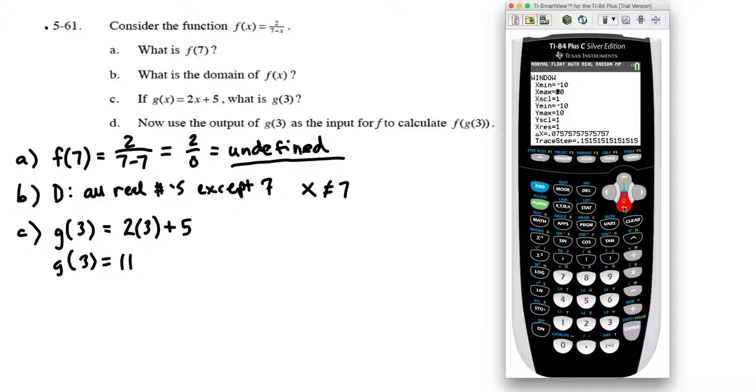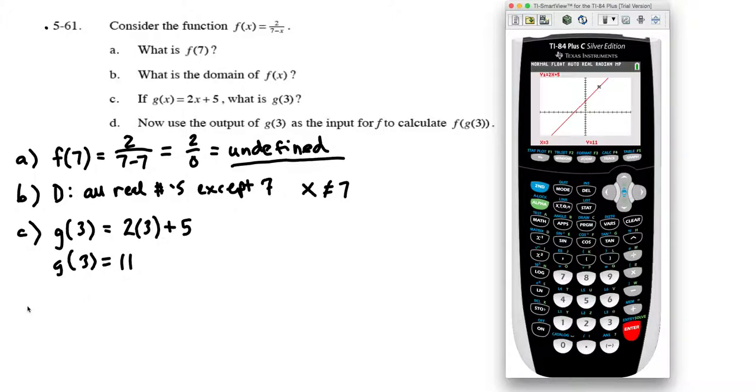I'm going to adjust the y max to, let's just make it 15. Let's go back to our graph. And if I just want to see what happens when I put in 3, I'm going to press trace, I'm going to press 3 as my input, I'm going to press enter, and I get 11 as the output. So you'll see exactly where that point is.